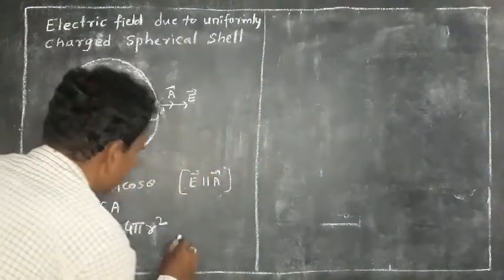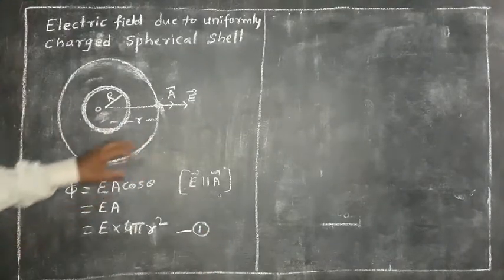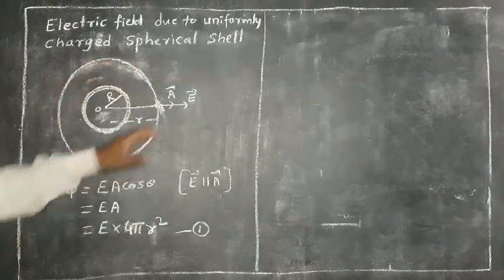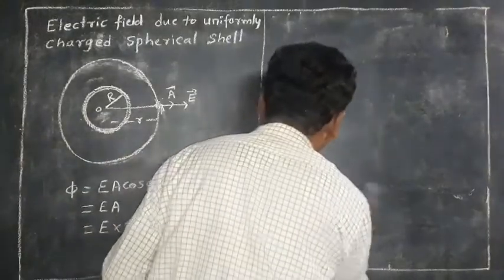Now consider this as equation 1. This is the flux through the Gaussian spherical surface.